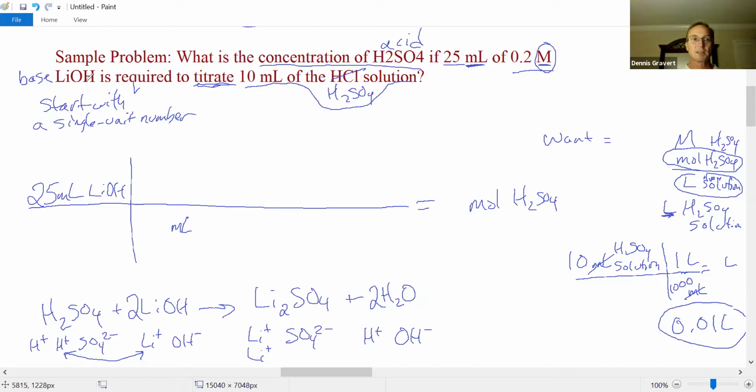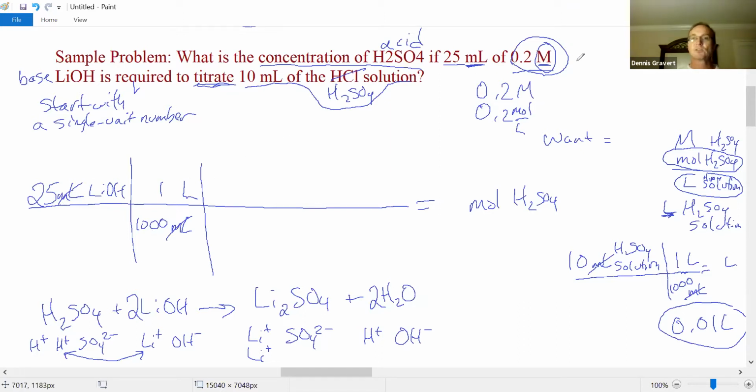Well, what do we know about lithium hydroxide? It's 0.2 molar, which is the same as 0.2 moles per liter. I got milliliters. We can change that to liters. We just did it over here. On the right side, 1 liter is equivalent to 1,000 milliliters. And now cancel out the liters.